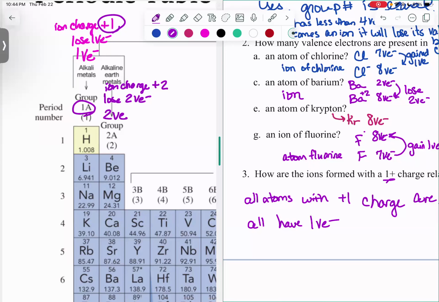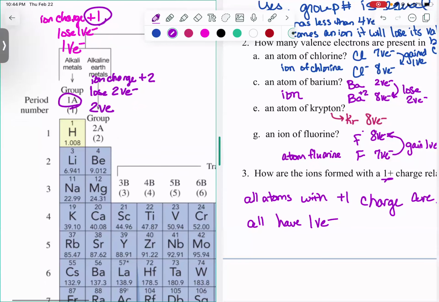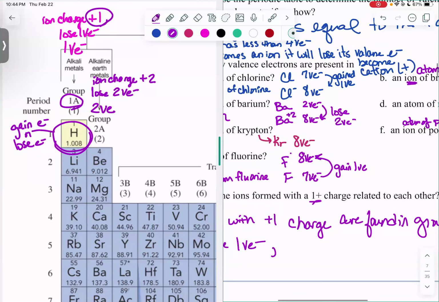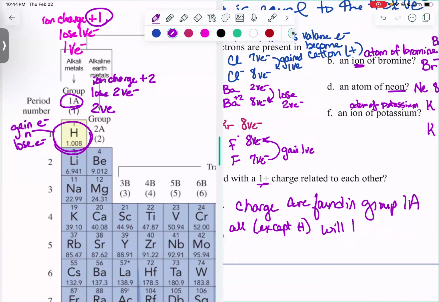And most of them, with the exception of hydrogen, hydrogen's a weirdo. Hydrogen could gain an electron and look like helium, or it could lose an electron and all that's left is a proton. So hydrogen can be really weird, but everybody else, we'll say all, and put it in parentheses, except hydrogen, will lose their one valence electron, right?